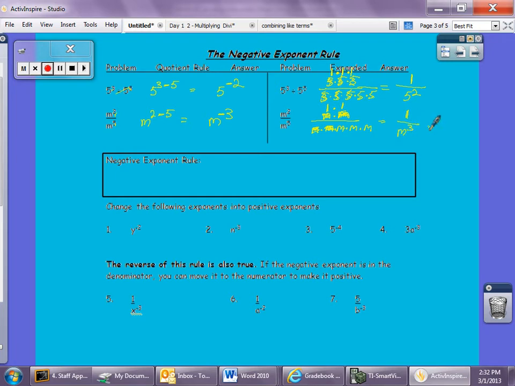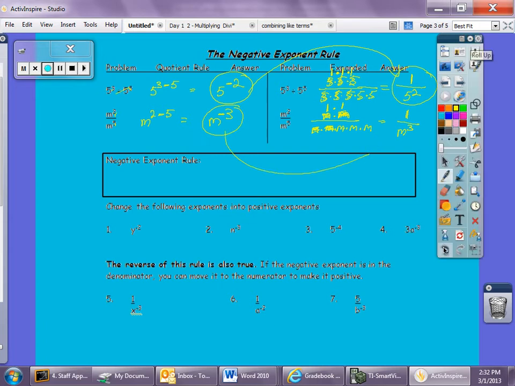Now if you notice, we did the same problem, so I got 2 different answers. But what you have to understand is that 5 to the negative 2nd is the same thing as 1 over 5 to the 2nd, or m to the negative 3rd is 1 over m to the 3rd.